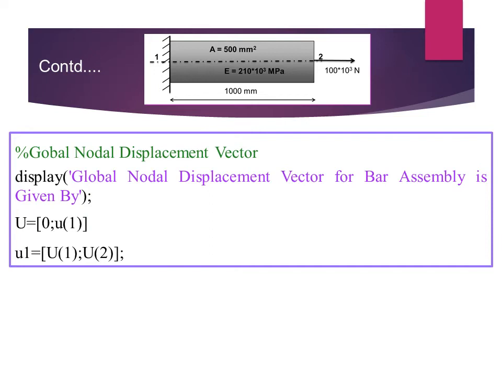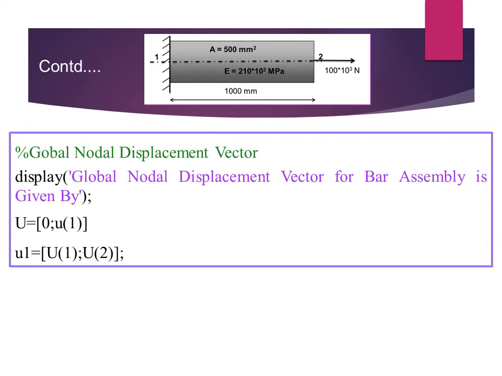For that I am defining the global nodal displacement vector, capital U is equal to 0 semicolon, that is the second row, and U of 1, that means from the small u matrix take the first element. Okay, clear?